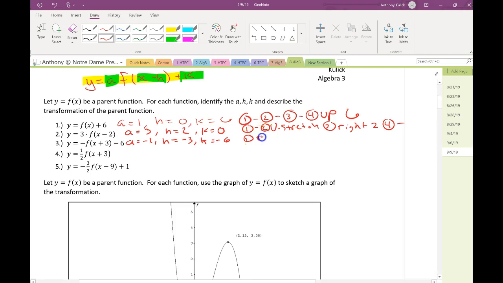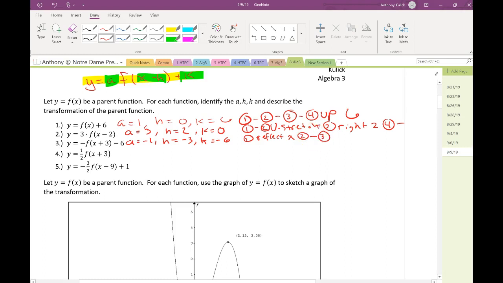What 1 does is it's a reflection across the x-axis. Does 2 do anything? No. 2 is concerned with the magnitude of A. Since the absolute value of A is 1, 2 doesn't do anything.